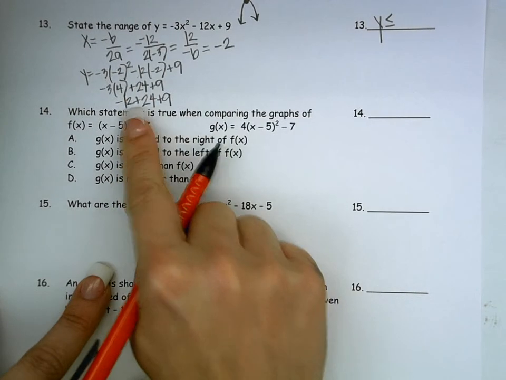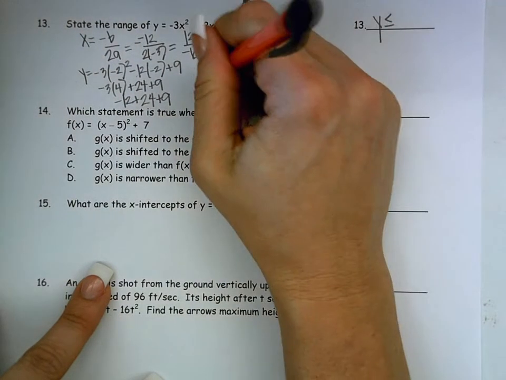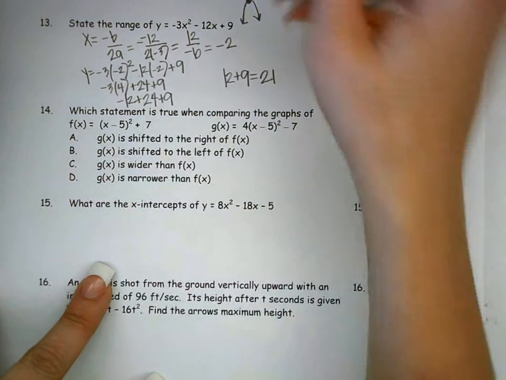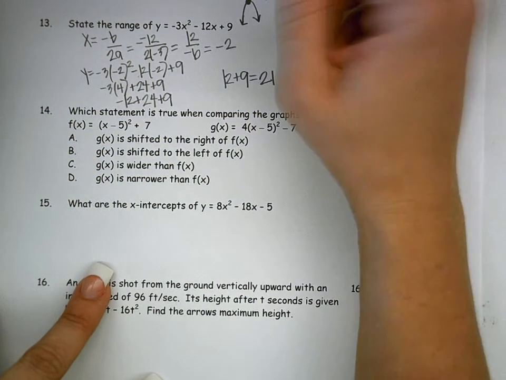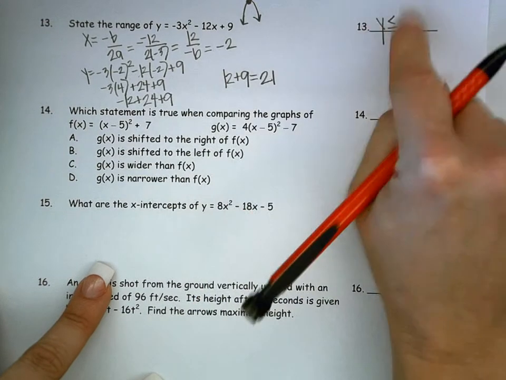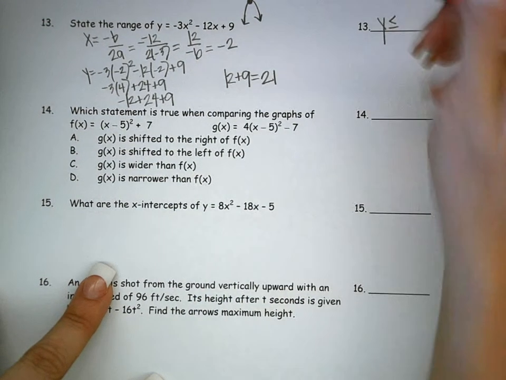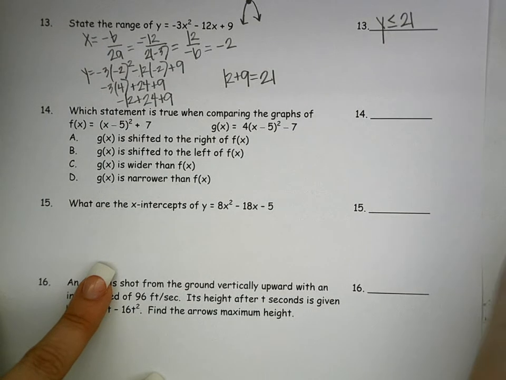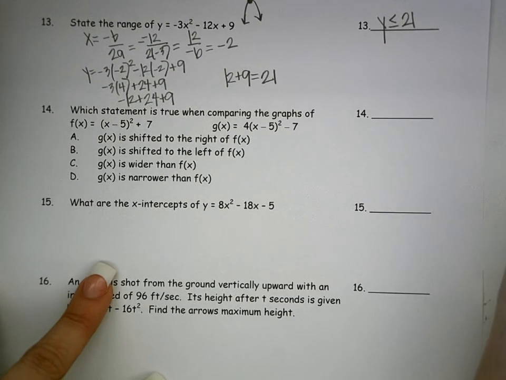Negative 12 plus 24 gives you 12 plus 9, which is 21. So my vertex would be at negative 2, positive 21. And since this is facing down, the y values will all be less than or equal to 21. The range is just dealing with the y value of the vertex.